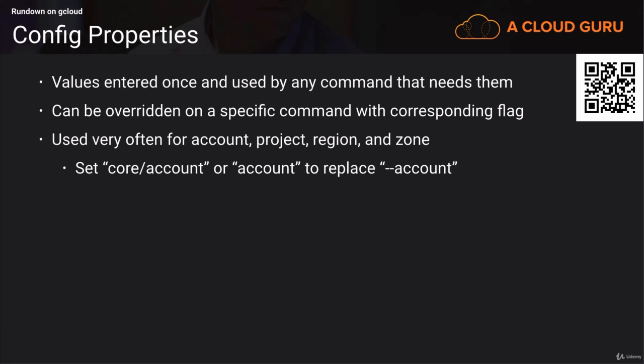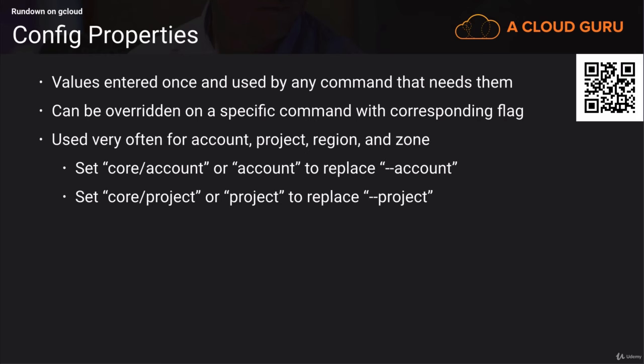So if you don't want to have to specify --account every time you run gcloud, you can set this account property. Now technically the property is core/account, but because it's a core property, you can get away with just specifying account. Similarly, --project is what you would have to specify if you hadn't already set the core/project property.